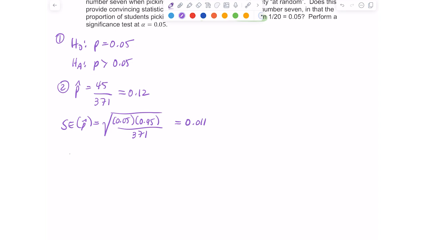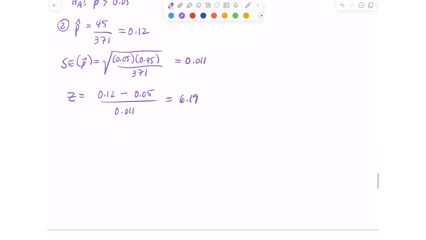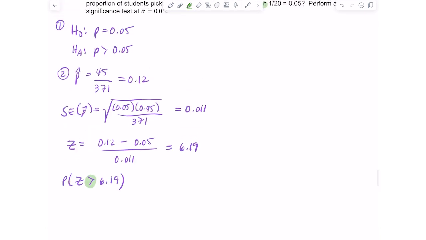Then I'm going to find z, which remember is your p hat minus p divided by the standard error, and you get 6.19. So you can probably estimate now we're trying to find z is greater than 6.19. And remember that this symbol should always match up with your alternative.